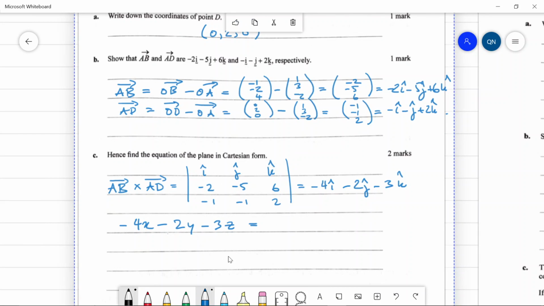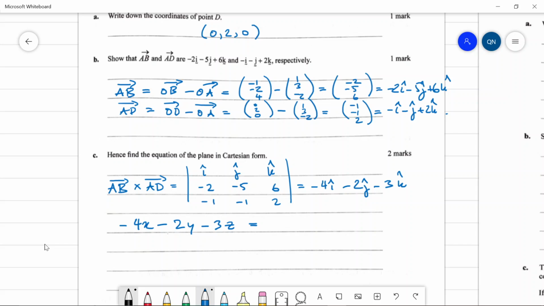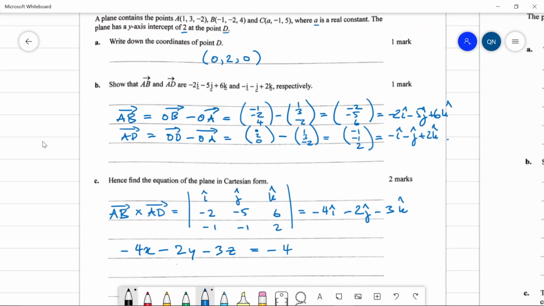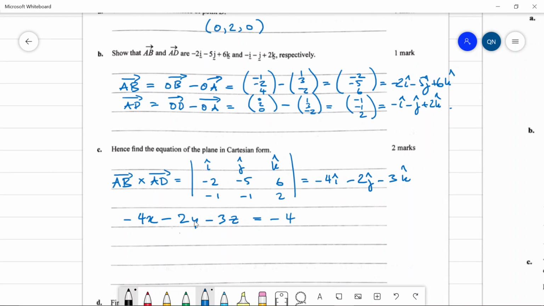If we plug in 0, 2, 0, this is 0, this is 0, and you're going to get -4. Because this equation should be true if we plug in the coordinate of D, which is 0, 2, 0. If you plug 0, 2, 0 into here, you're going to get -4, which just works.